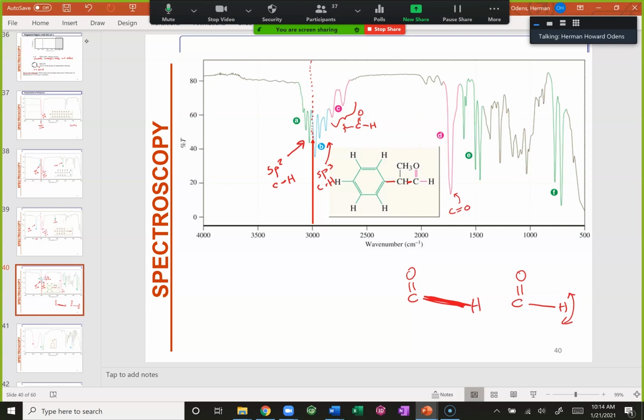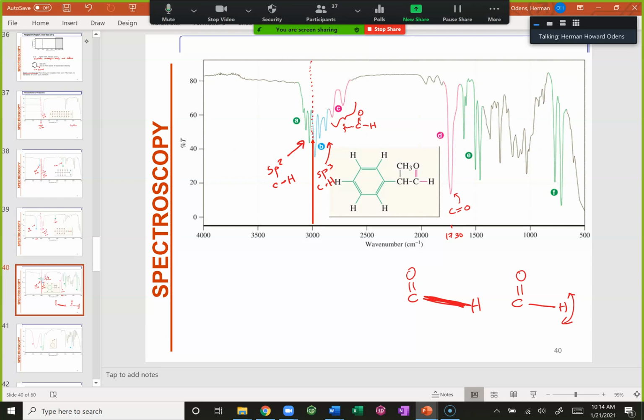It needs to be double, single, like that. In this case, we have double, single, and then double. So there's no conjugation. All right, so the signal will stay most likely at around 1730 for this aldehyde. All right, very good.